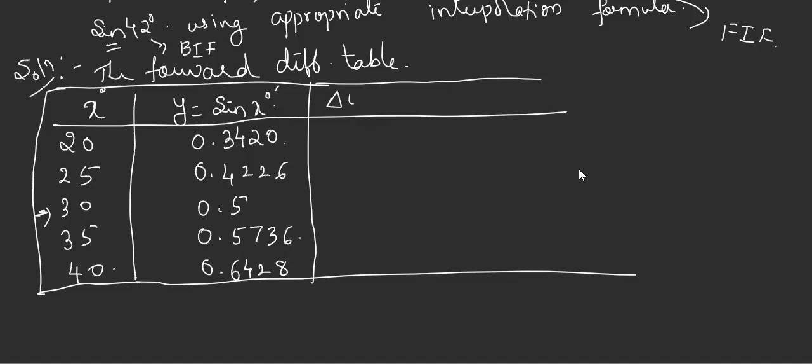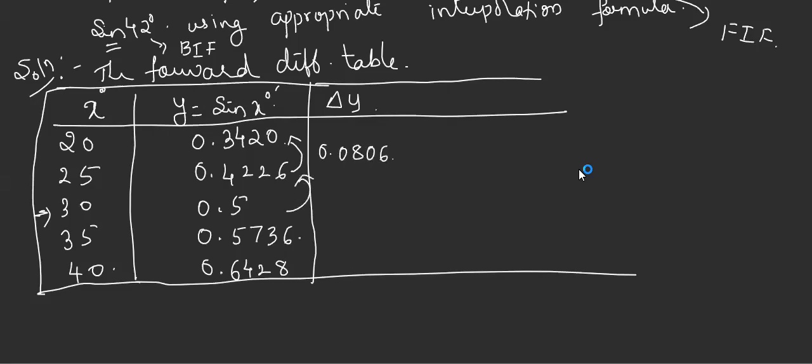Let us denote it as delta y only. How to take the value? The difference, right? 0.4226 minus 0.3420 is how much? 0.0806.